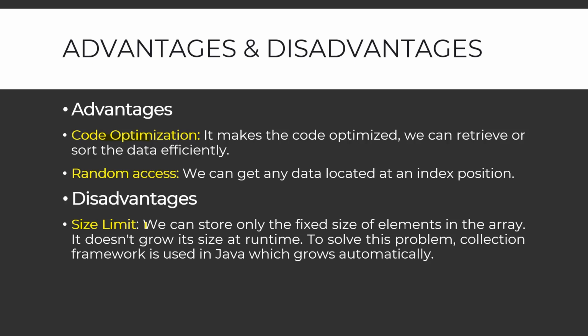So once an array has been fixed in size, it doesn't grow at runtime. Whenever we need to do dynamic programming, we may encounter this problem. To solve this problem, we have to use the collection framework, with linked list, hash list, array list. By using this collection framework, we can iterate as with an array.